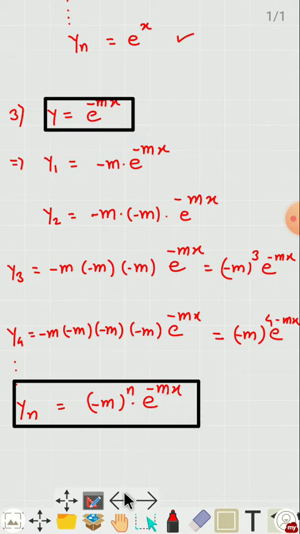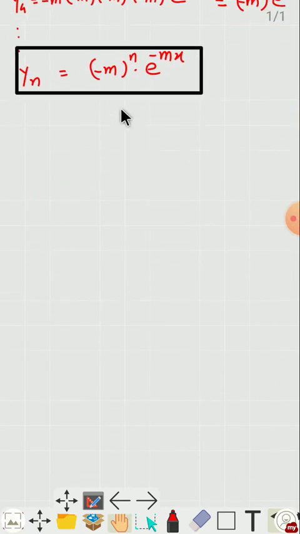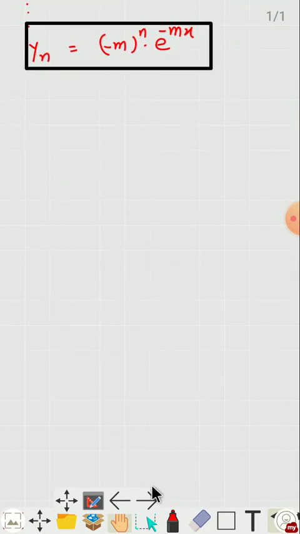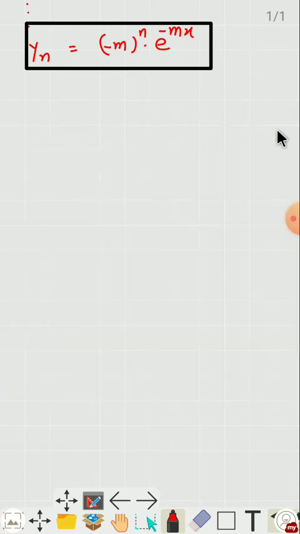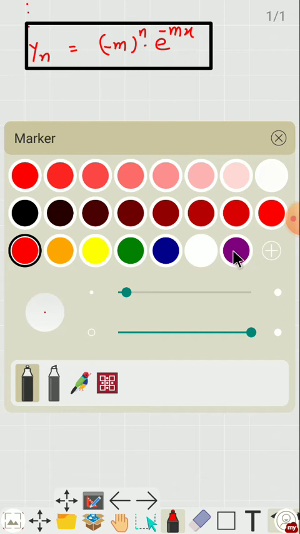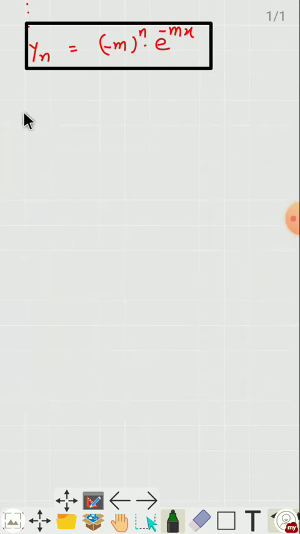Now let us go to the next standard function, the fourth standard function, y equal to sine of ax plus b.